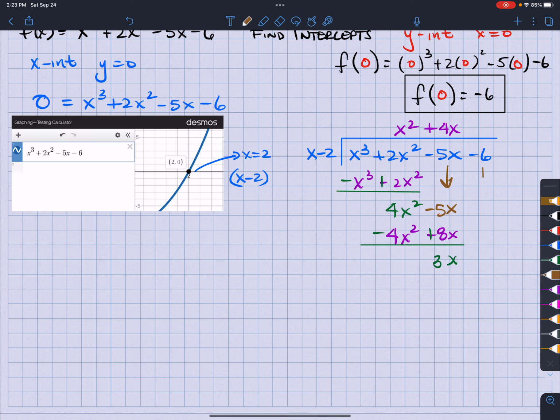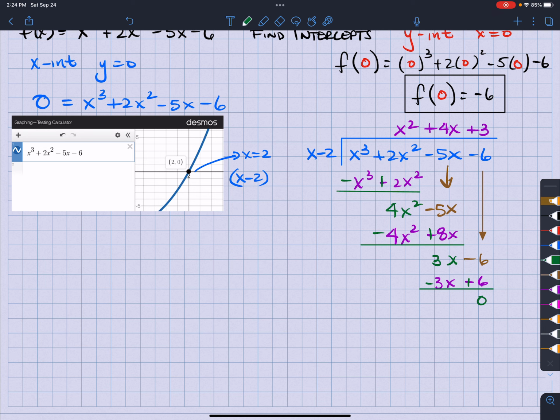And now I bring down the next term, which is minus 6. How many times does x go into 3x? That will be positive 3 times. And I get a 3x minus 6. Flip the signs and add. And I do have a remainder of 0.